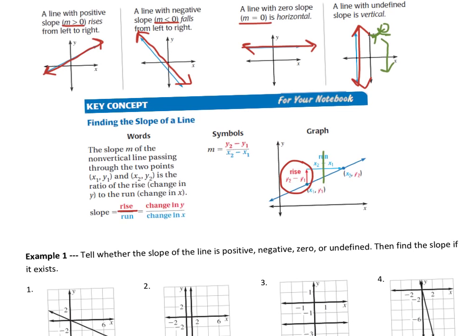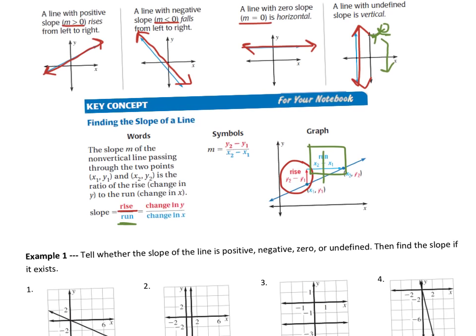Let's see if I can erase that, and I can't. So I will put a box around, but that's your run. So use this image. Hopefully it won't be as marked up as the one I just messed up, but you're going to use that for your formula for slope.